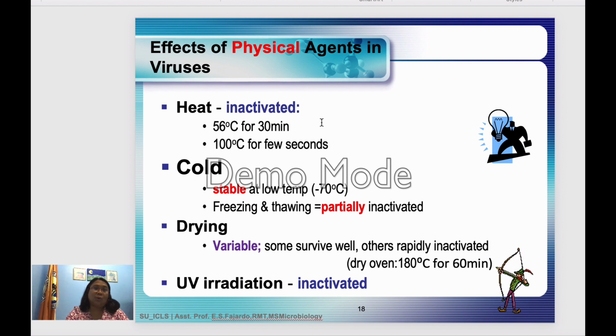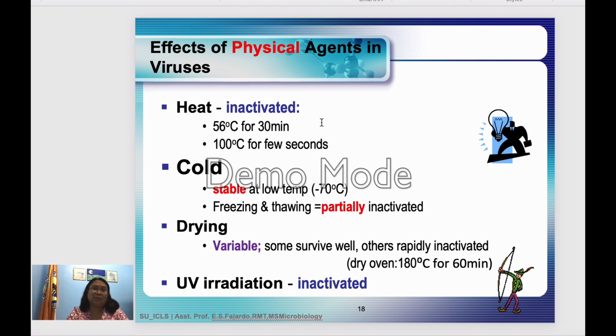That's why when you go to a fast food, if you want to use spoon and fork, make sure that it's hot, that the heater is turned on, not turned off, because if someone there is a carrier of hepatitis A, you will not get infected because the virus is inactivated.